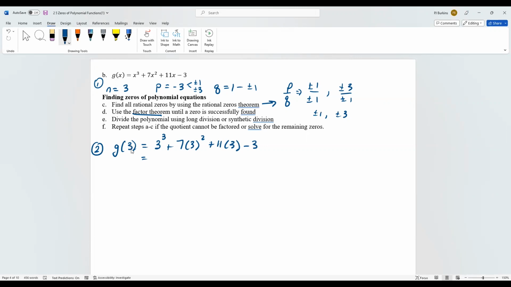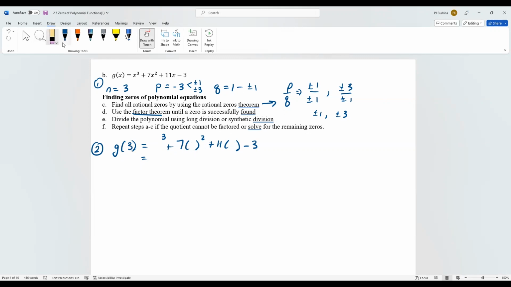Before I even evaluate anything here, I can clearly tell this is not going to be 0, because all of these numbers are going to be positive except for the -3. So I'm just going to stop there, and let's plug in something else.